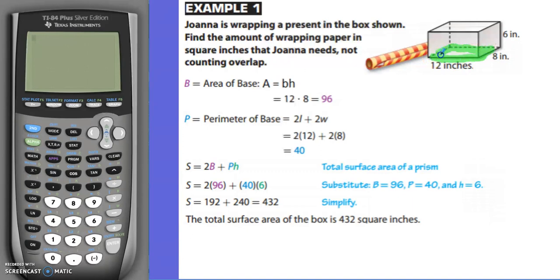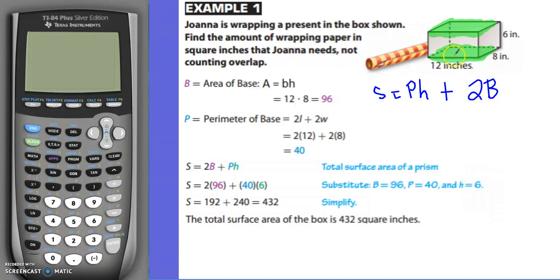So here's the base, and here's the base. All right, so we have our formula. Our formula is S equals the perimeter of the base times the height of the prism plus 2 times the area of the base.